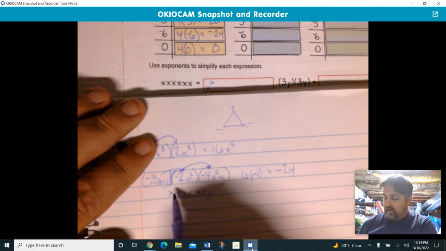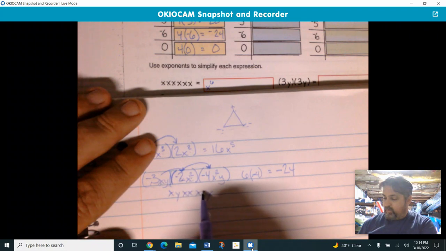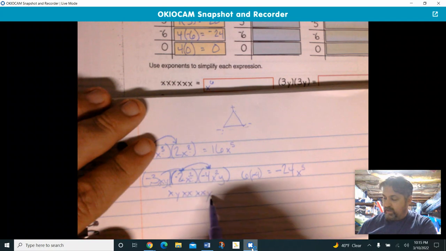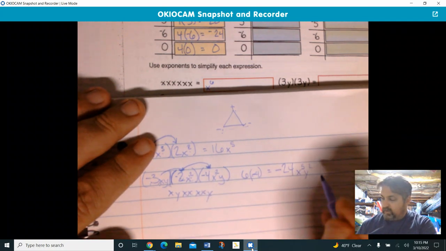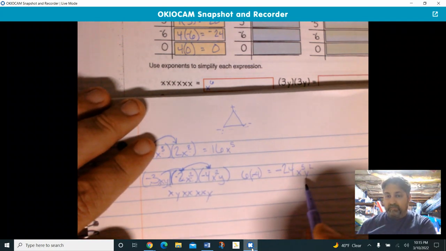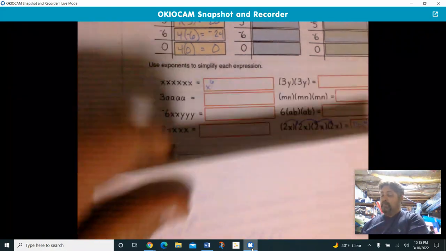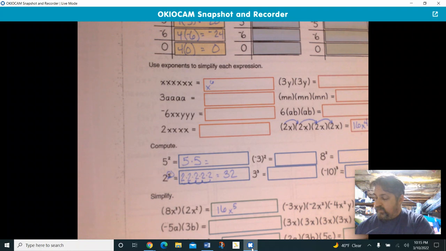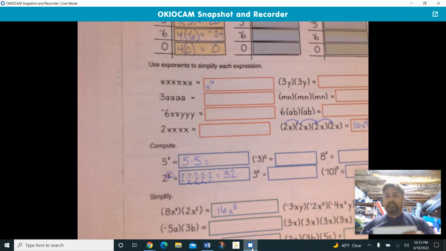How many x's? 1, 2, 3, 4, 5. How many y's? 1, 2. Negative 24, x to the 5th, y to the 2nd. Guess what I'm writing down here? Negative 24, x to the 5th, y to the 2nd.